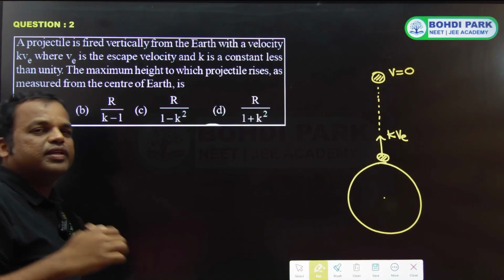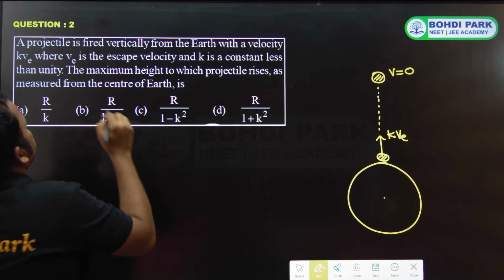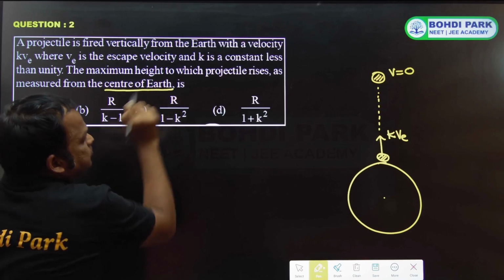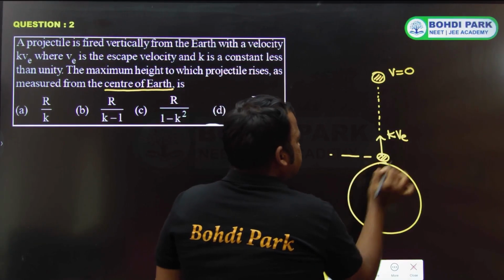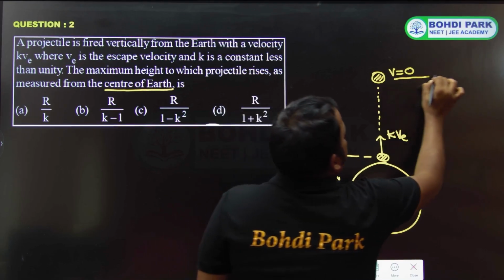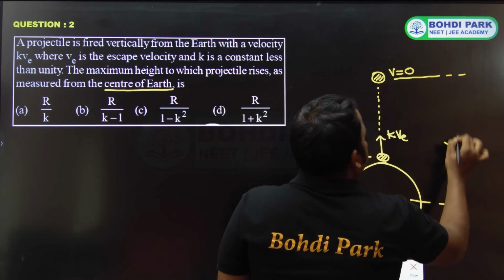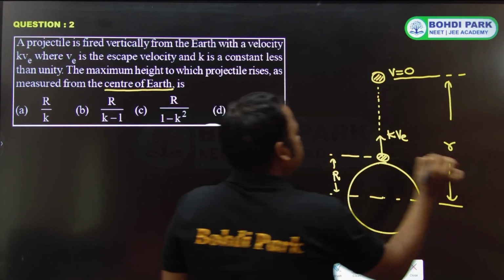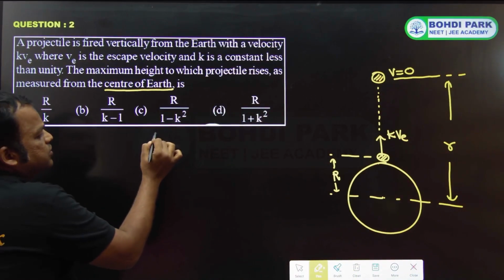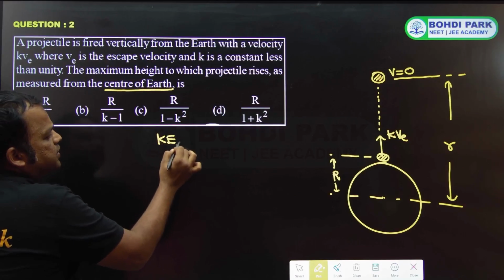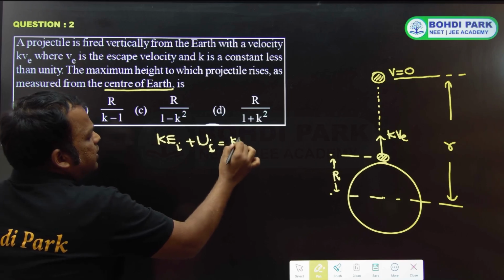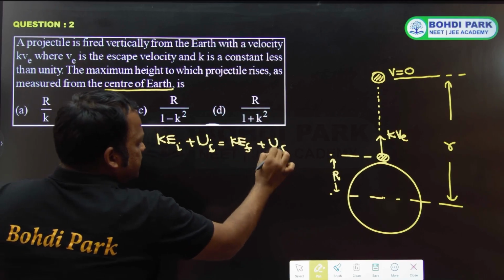So we will conserve the mechanical energy, and finally we have to find the maximum height from the center. So initial distance from the center is capital R, which is the radius of Earth, and final distance from center is small r. So we will use mechanical energy conservation. So K initial or kinetic energy initial plus potential energy initial is equal to kinetic energy final plus potential energy final.